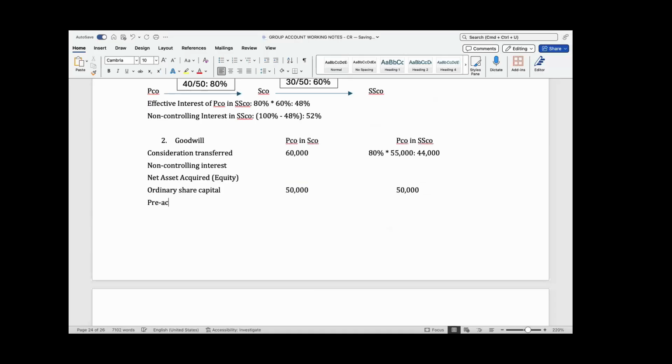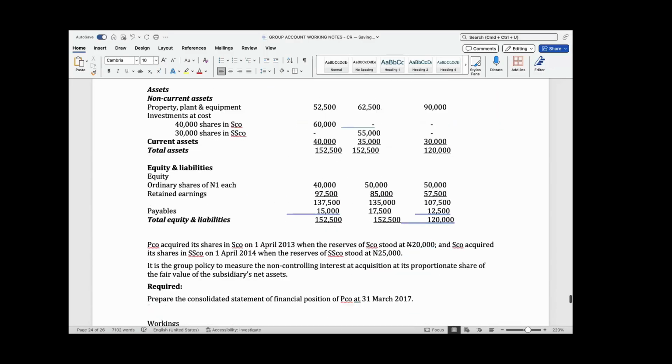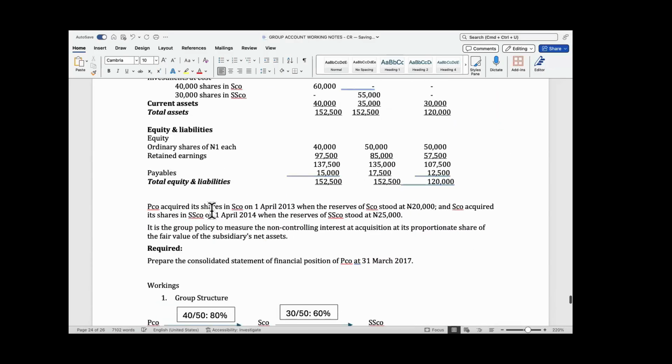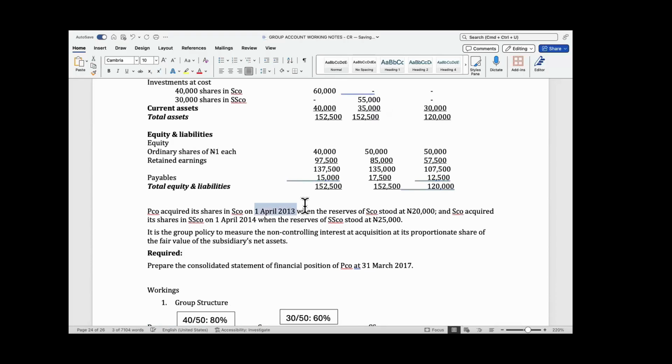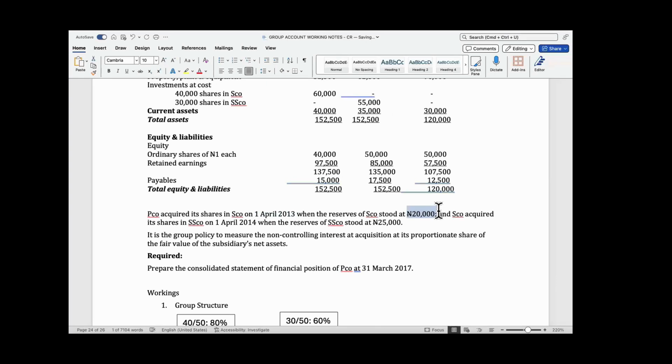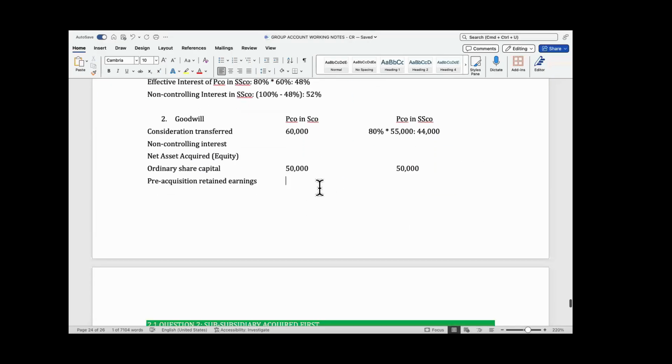Then the pre-acquisition retained earnings. What's the pre-acquisition retained earnings of the subsidiary? We acquired the subsidiary in April 2013 when the reserve of the subsidiary stood at how much? 20,000. That means the pre-acquisition retained earnings of the subsidiary is 20,000.